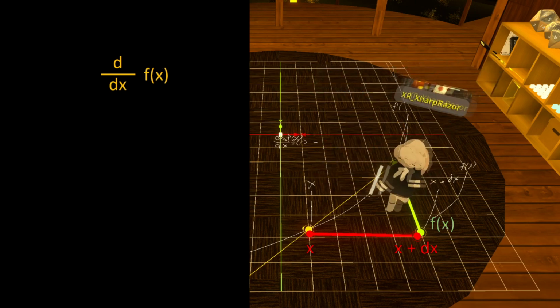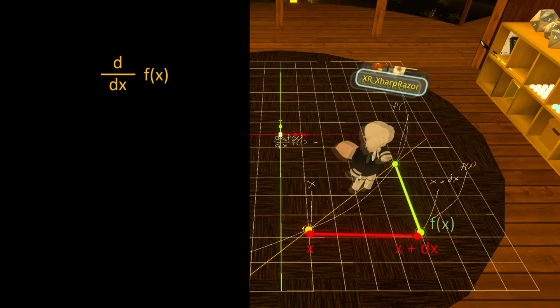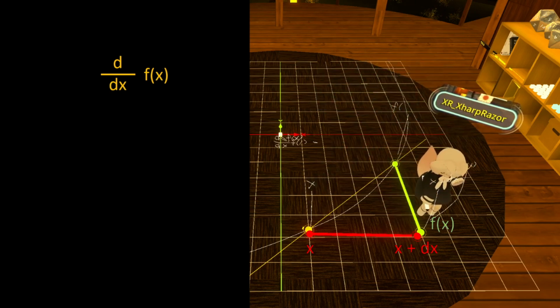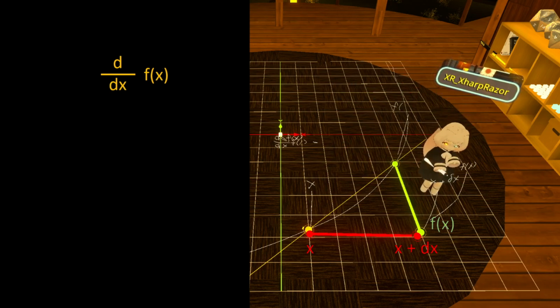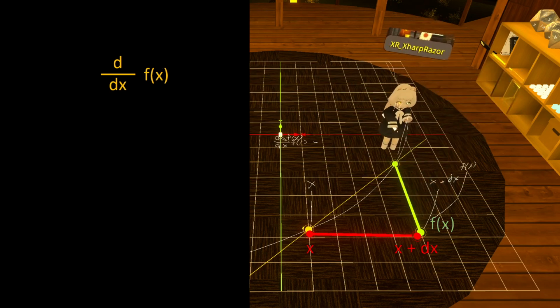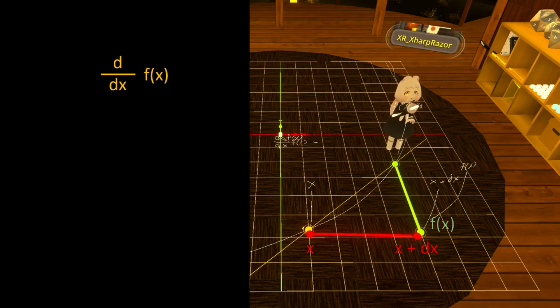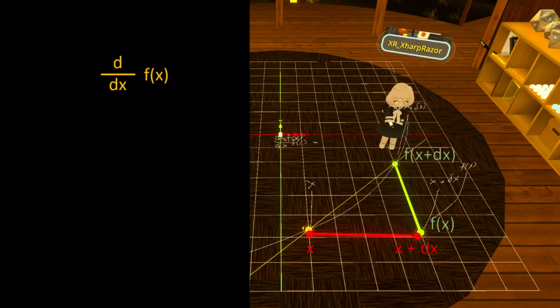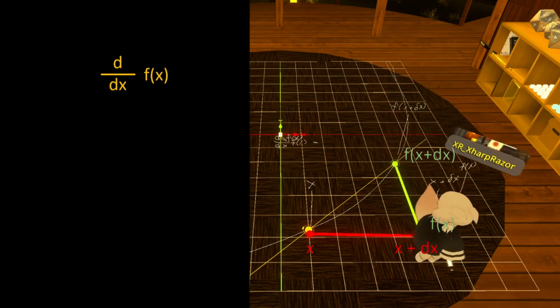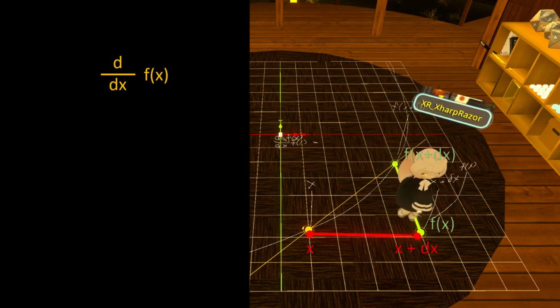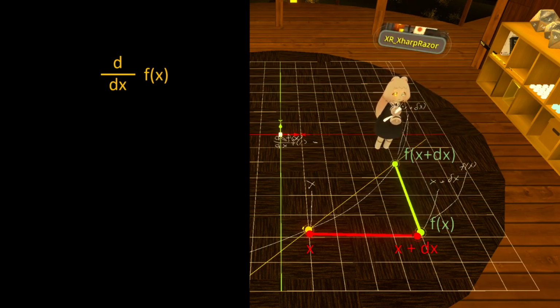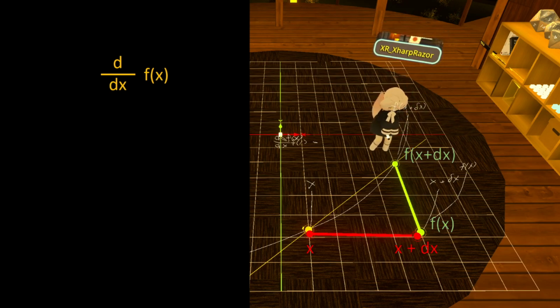The y coordinate of this point is f of x plus delta x, because the x coordinate here is x plus delta x, and putting it into the function gives you this y coordinate.